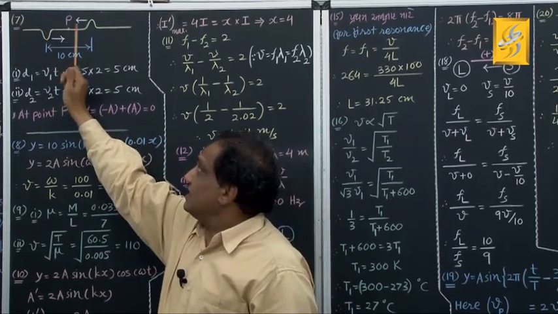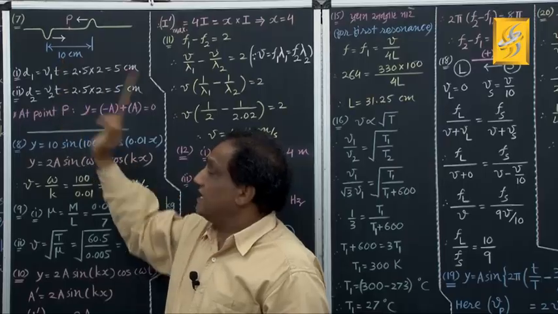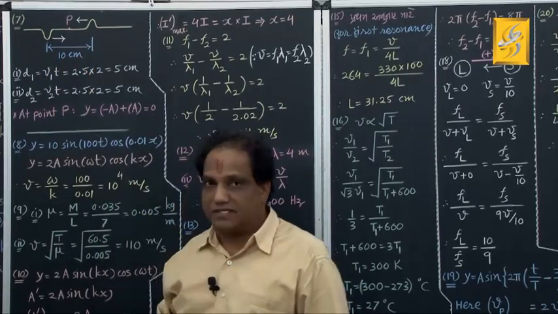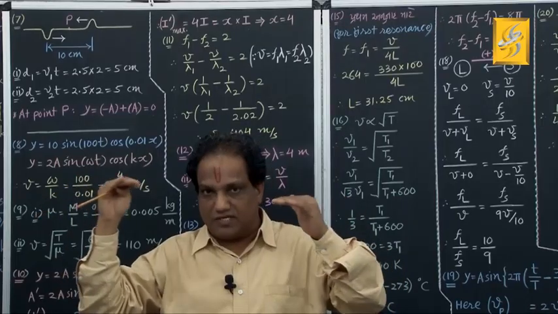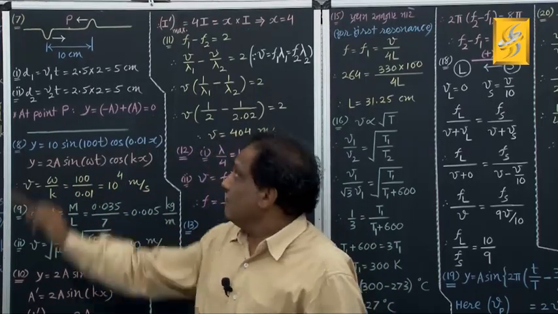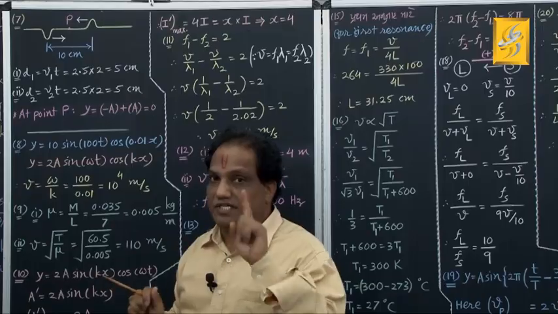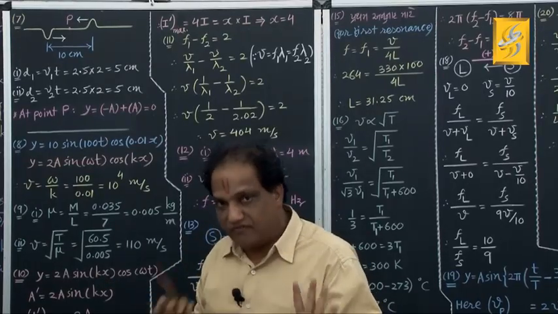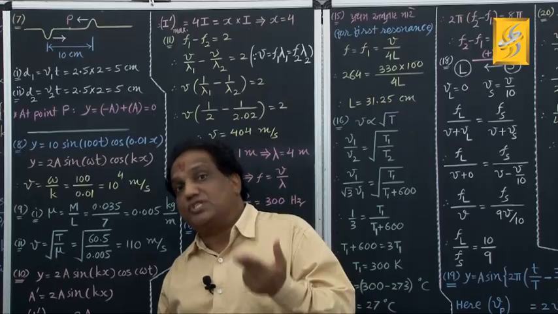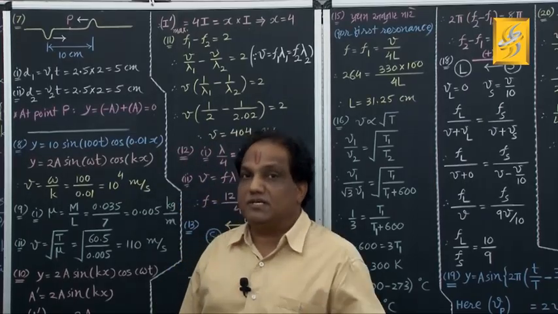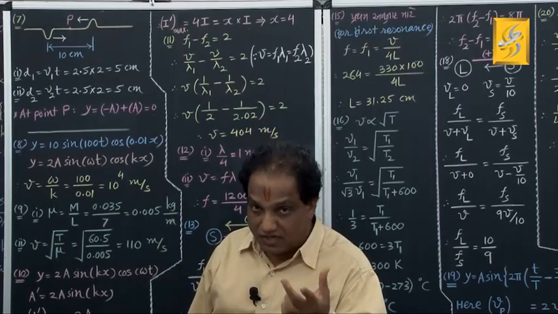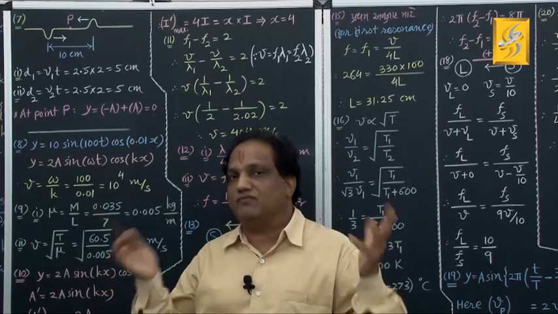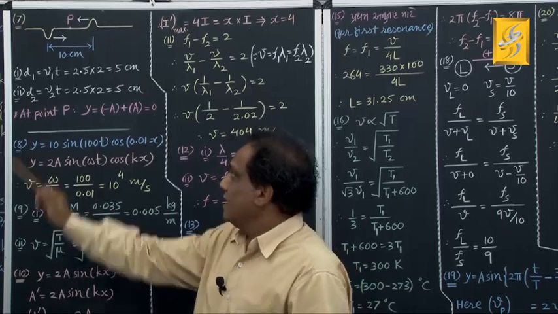The distance between them initially is 10 centimeter and they are heading towards each other, that is, they are propagating towards each other, with the same speed, and that same speed is given to us as 2.5 centimeter per second. At the end of 2 seconds, what would be the situation, what would be the shape produced in the string? That is what we have to find out.